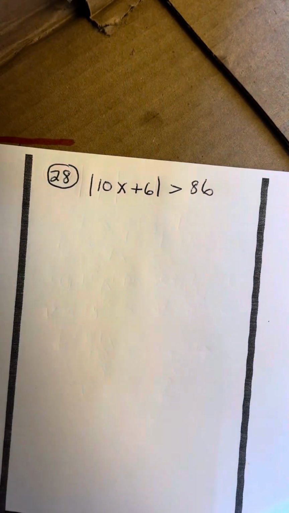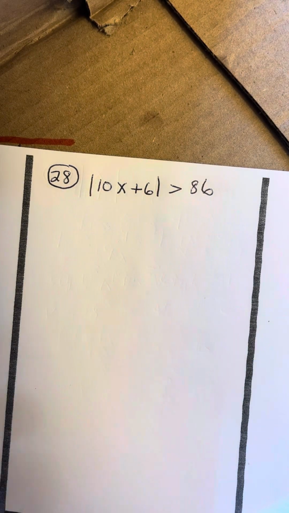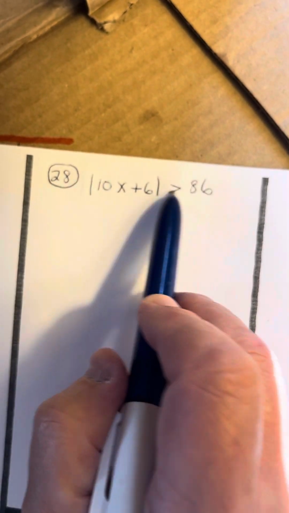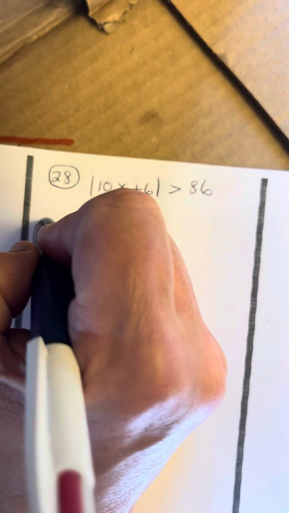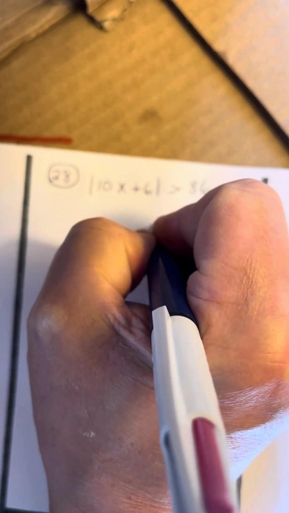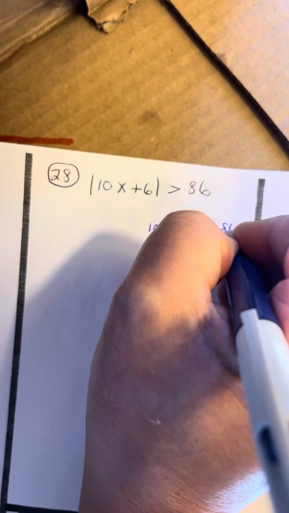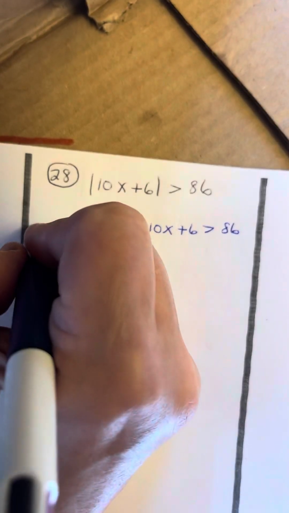Okay, let's look at number 28. Absolute value greater than. Two separate equations. One of them is the same. Put it on the right. The word or, and the other one is the opposite.